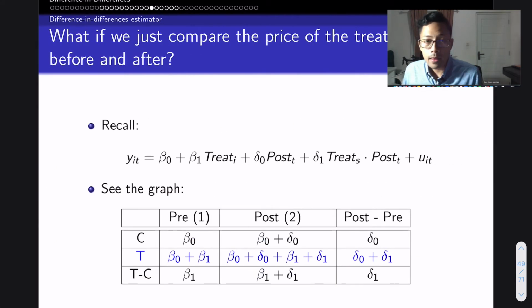Now, given the same table that we have here in the slide, we are going to be able to identify the weaknesses of the before and after method and the with and without method. So let's do the first one. What if we just compare the price of the treated group before and after? So what if we do just the pre-post that we see?